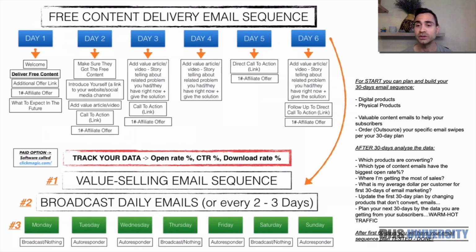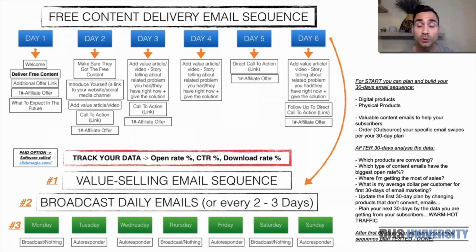Update the first 30-day plan by changing products that don't convert or emails that don't convert, and plan your next 30 days by the data you're getting from your subscribers, so warm, hot traffic. And after the first 60 days, you will have your email sequence plan tested, optimized, and ready to push new leads through with your Google Ads campaigns.